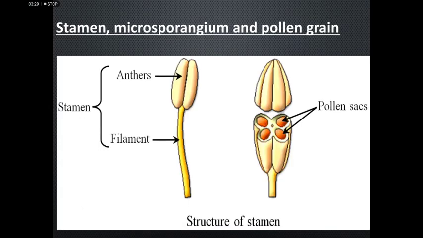In the second picture, you can see the pollen sacs, that is 4 pollen sacs can be observed. There is a dot at the center and that portion is known as the connective, through which the filament transports nutrients to the anther.